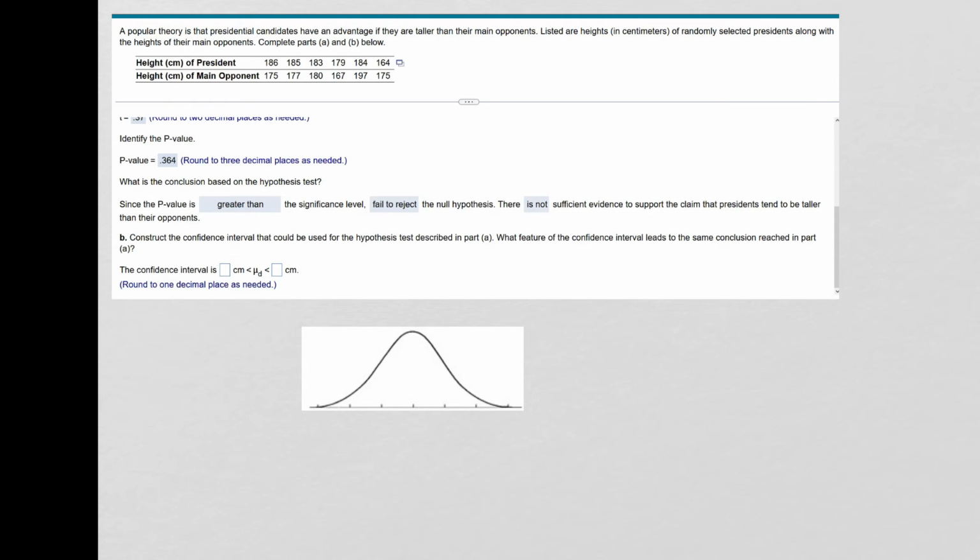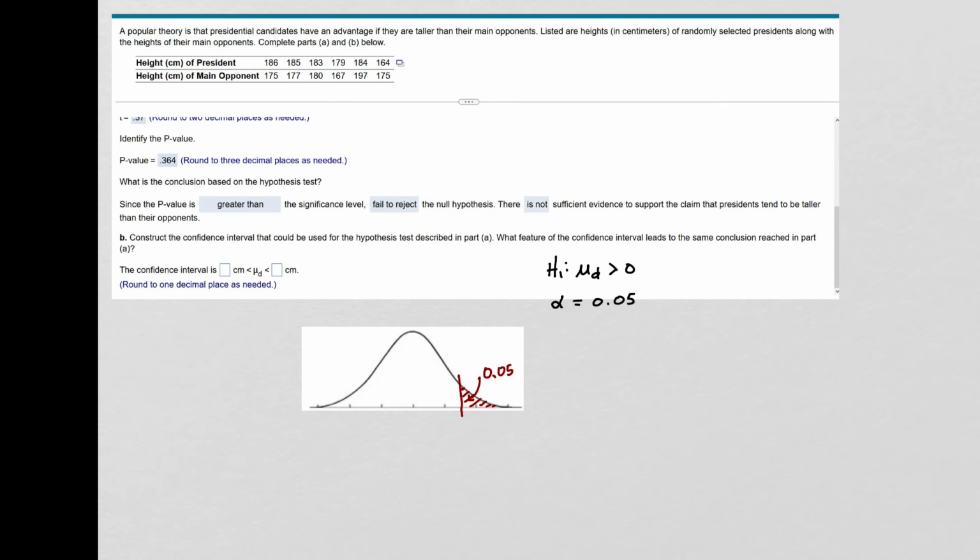Well, first of all, I'm going to look at the hypothesis again, and our significance level, which is 0.05. So I'm going to mark that on our graph. So the area in here, that's alpha, is 0.05.